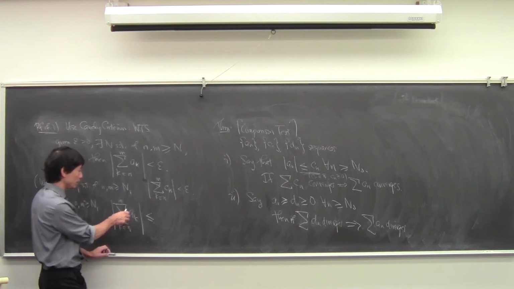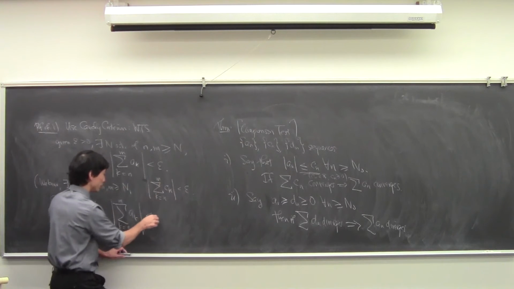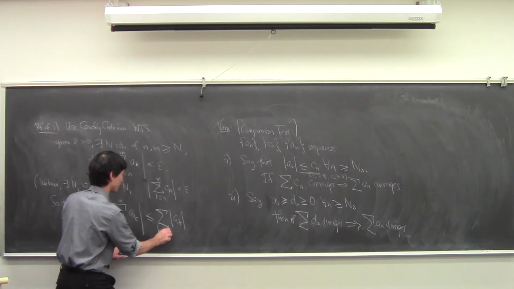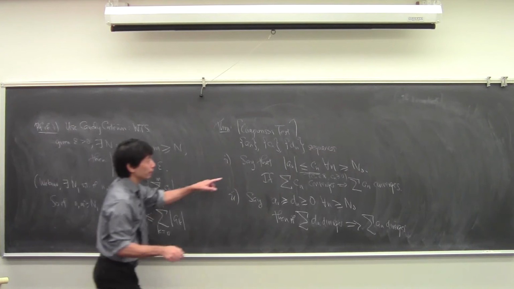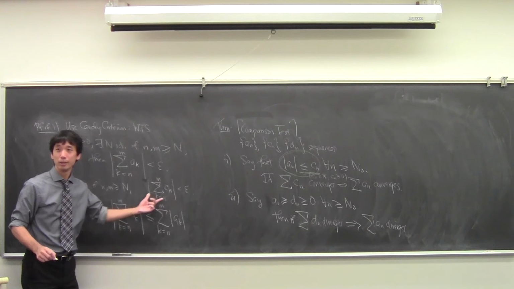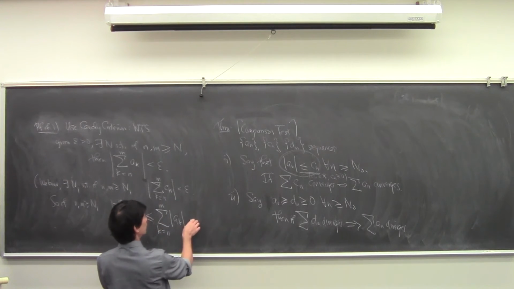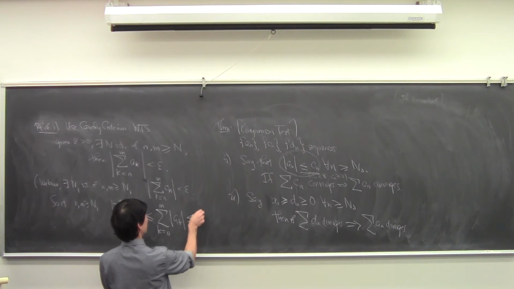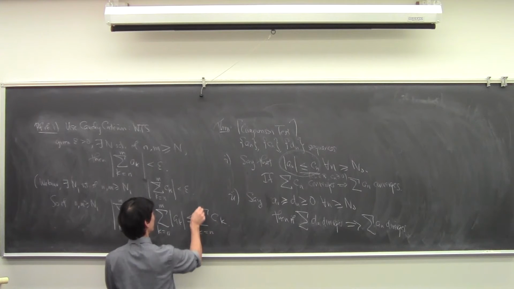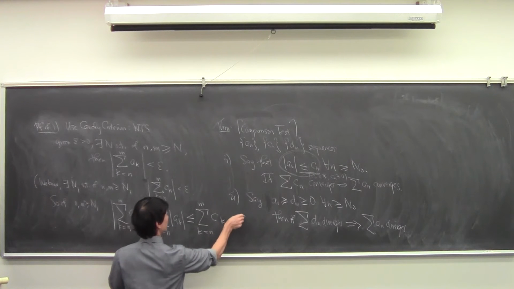Well, actually, we have to say something else, which is by the triangle inequality, this is smaller than the sum of the absolute values of these guys, right? Because I want to use this to get this thing smaller than that thing, which is smaller than the sum of the C sub k's from k equals n to m, which is smaller than epsilon.